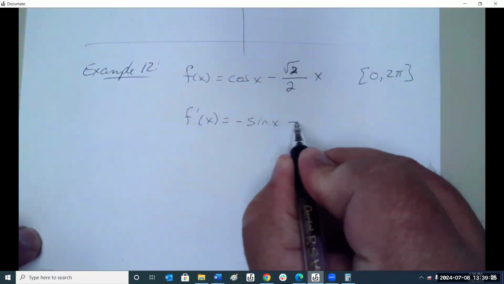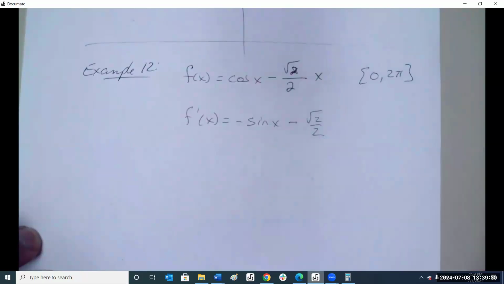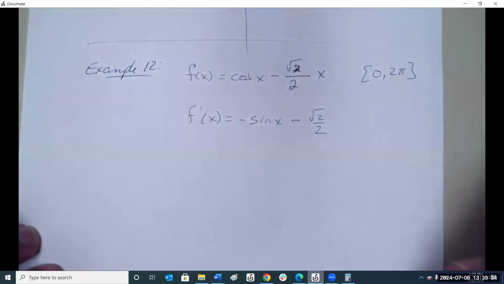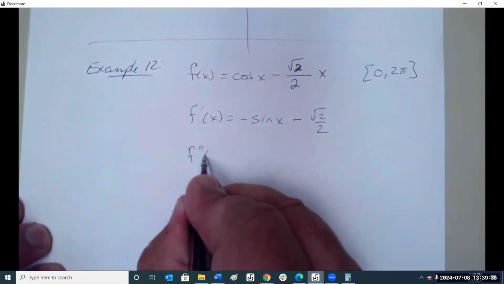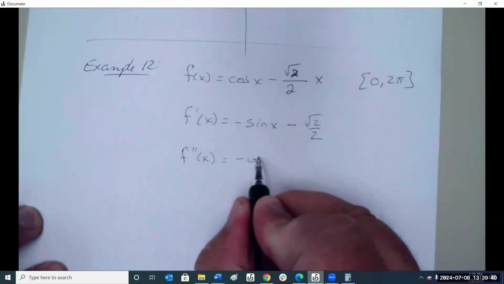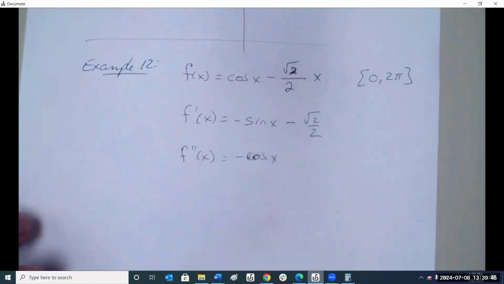Minus, because that's the coefficient. The derivative of x is 1. And the second derivative of negative sine goes to 0.